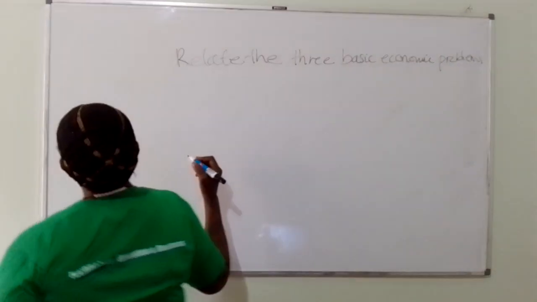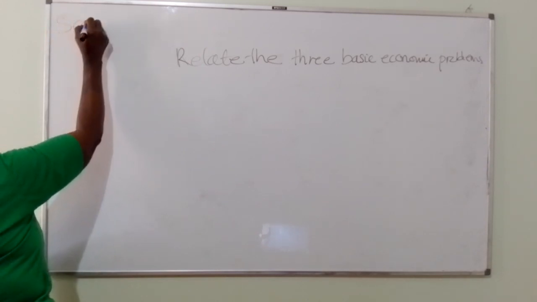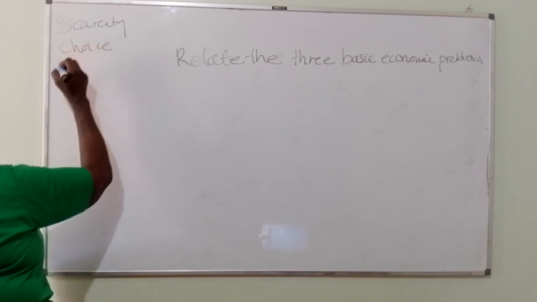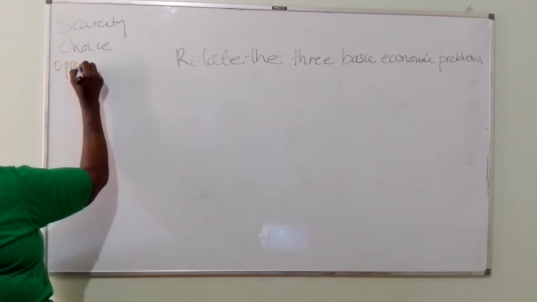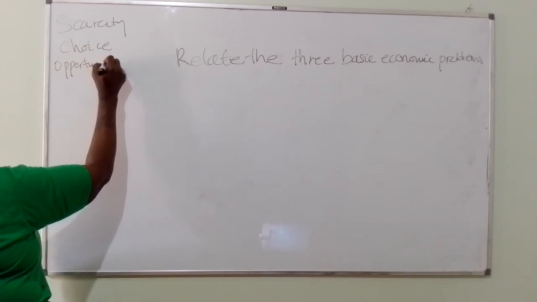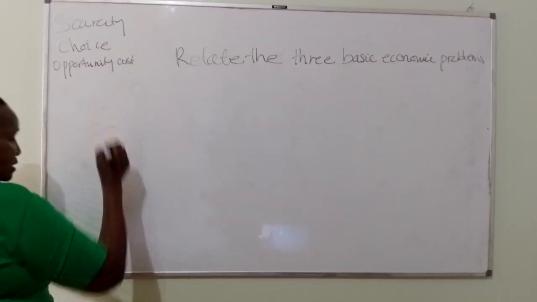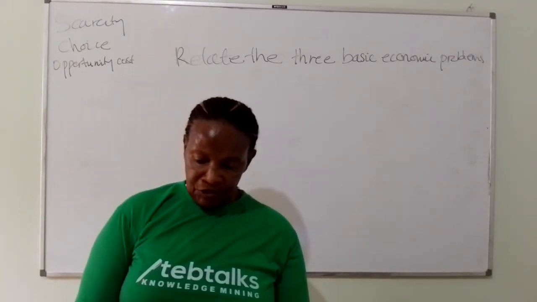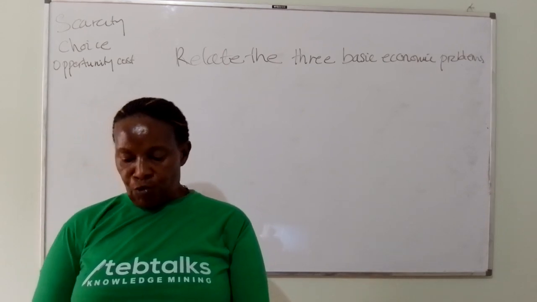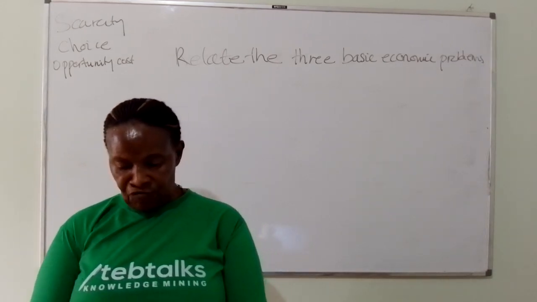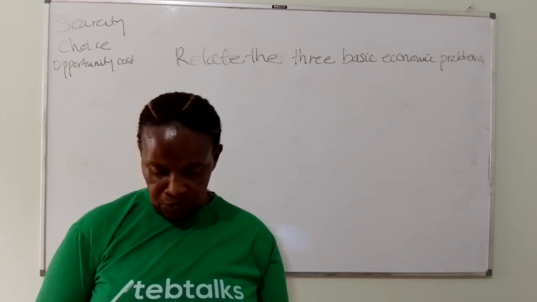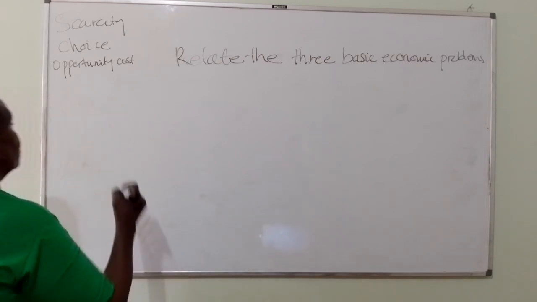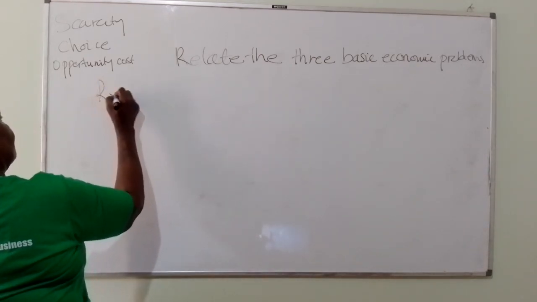First of all, you have to know them. You have to remember them. The first one is scarcity, the second one is choice, and the third one is opportunity cost. How can you now relate them in one statement which is meaningful and understood by people? So we can say that resources are scarce relative to human wants. Therefore, consumers and producers have to make a choice, and in doing so, they forego the next best alternative, which is opportunity cost.